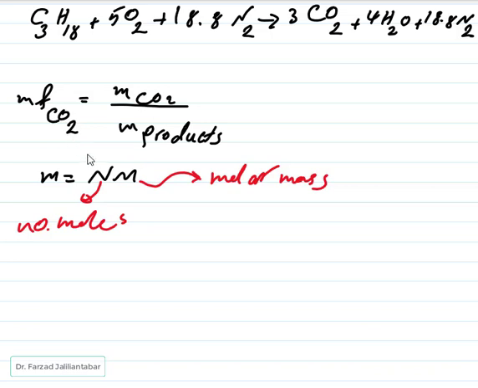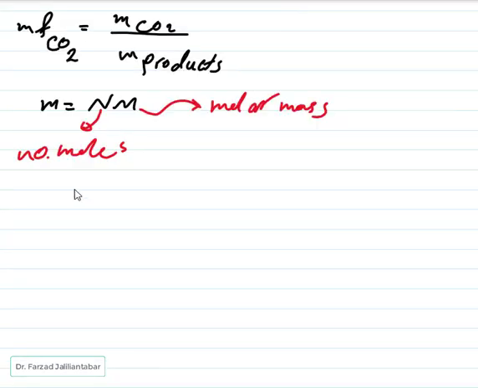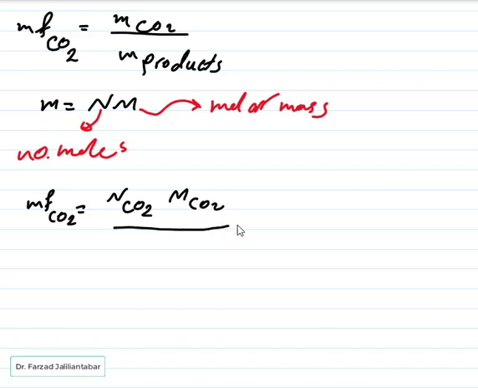So for CO2 we can write the mass fraction of CO2 equal to the moles of CO2 times its molar mass, divided by the mass of the products.